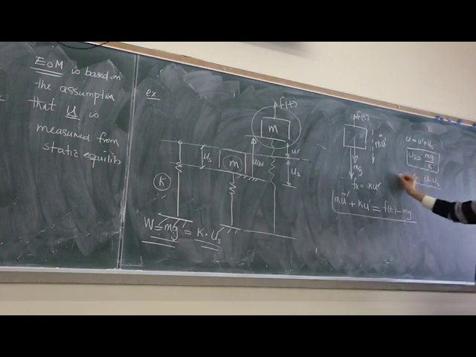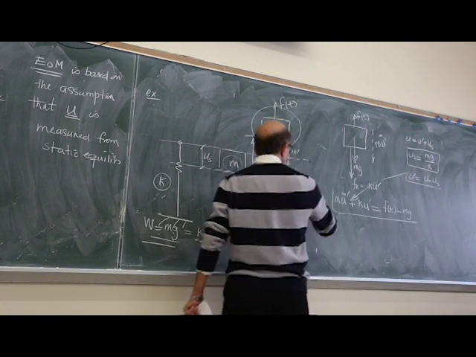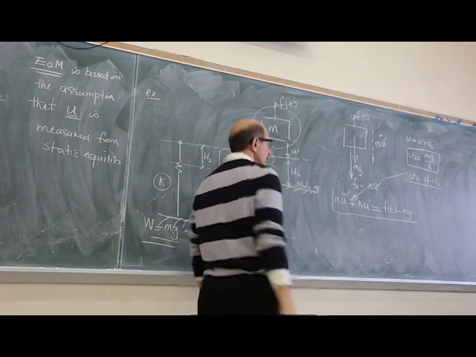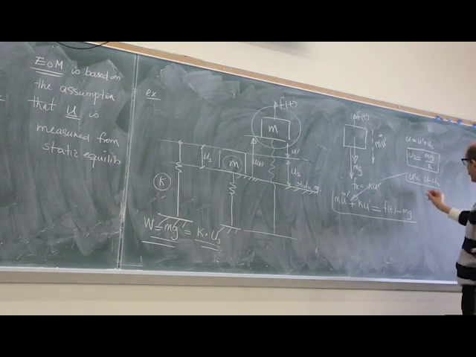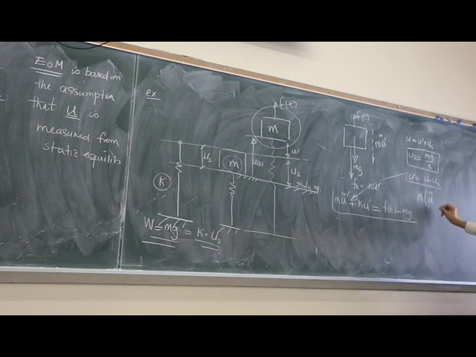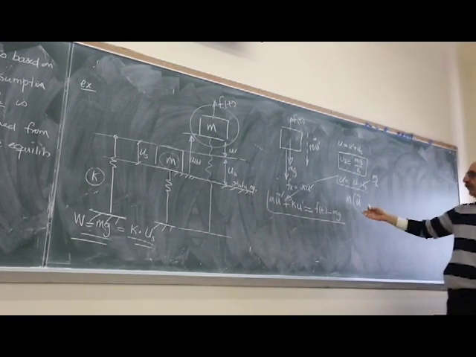So let's substitute for u prime here so that we derive this equation in terms of u, which, as I said, is with respect to static equilibrium. Maybe it's a good idea to put here, this is the static equilibrium position. Okay? So let's substitute that. So we have m times u double prime, and I'm going to substitute for that mg over k. The second derivative of this with respect to time is u double dot.